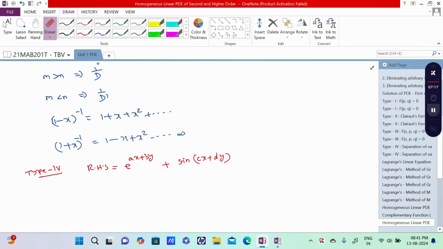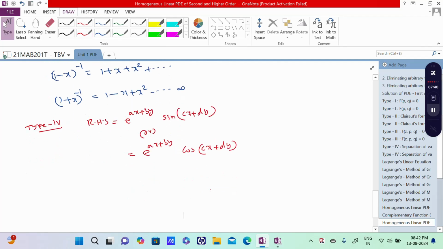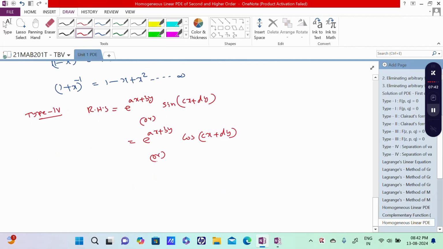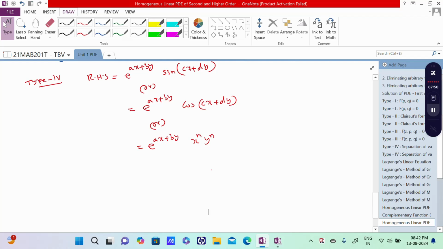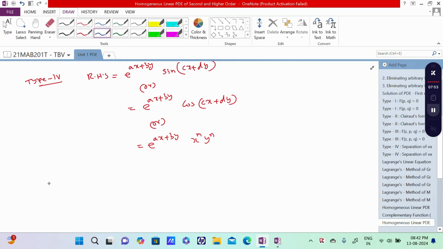But when a product is given, such as e power ax plus by sin cx plus dy, or e power ax plus by cos cx plus dy, or e power ax plus by x power m y power n, in this case, how to calculate the particular integral?